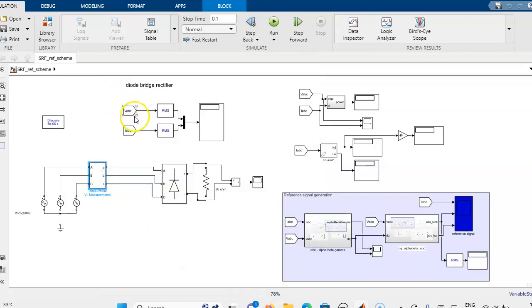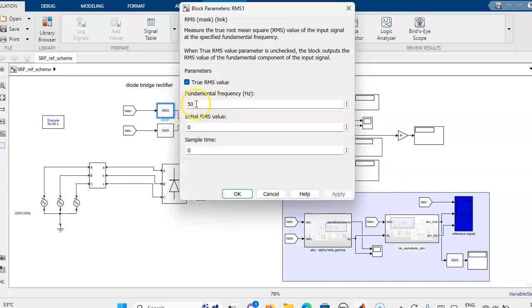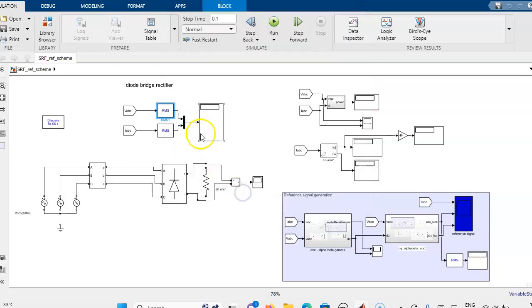I have used the From block, where I am measuring the RMS value of the voltage and the RMS value of the current, which is connected to the display, and this is the mux I have connected. Then for the RMS I have taken the fundamental frequency. Here I have enabled the true RMS value because this is a nonlinear load. So our fundamental RMS value and the true RMS value are different. We will see what the difference is now.